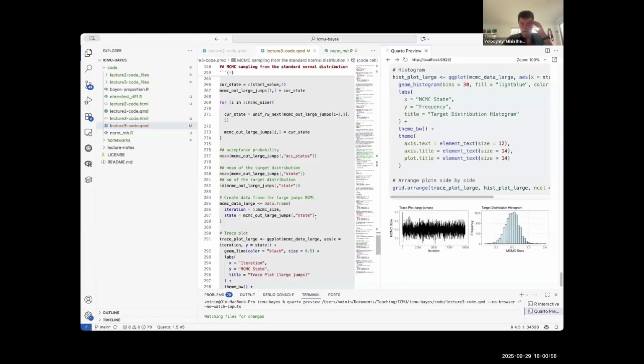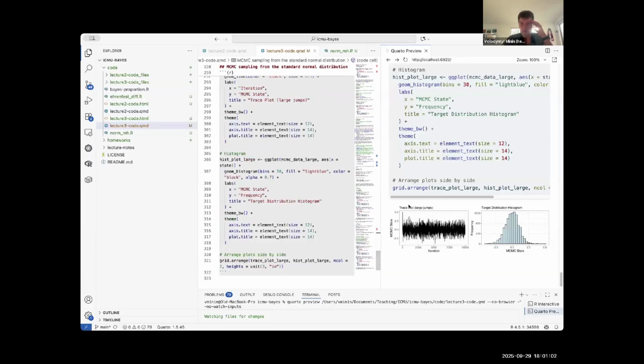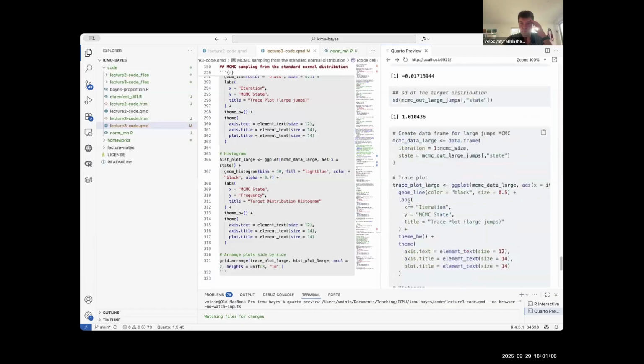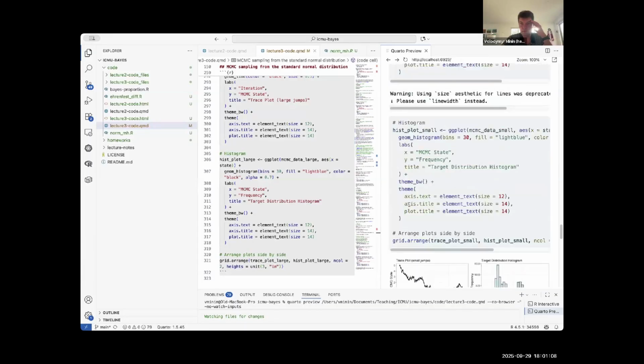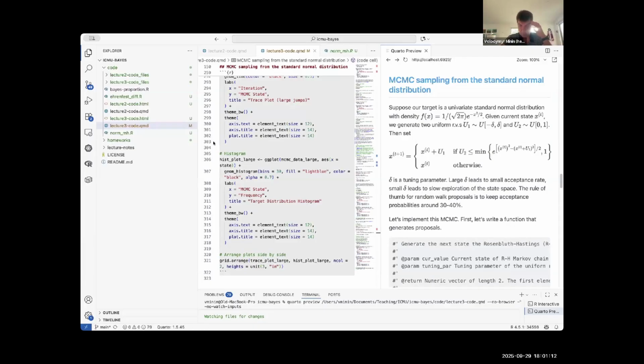Sorry, let me switch real quickly. It renders in my Visual Studio, I think. Yes, it does. Okay.